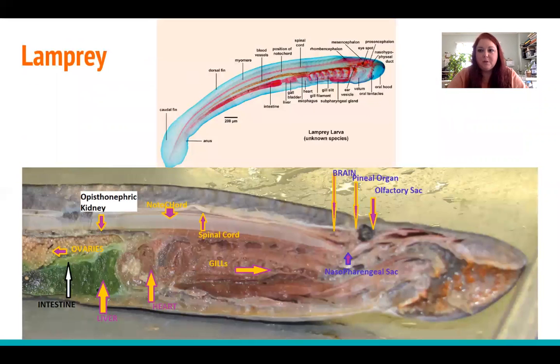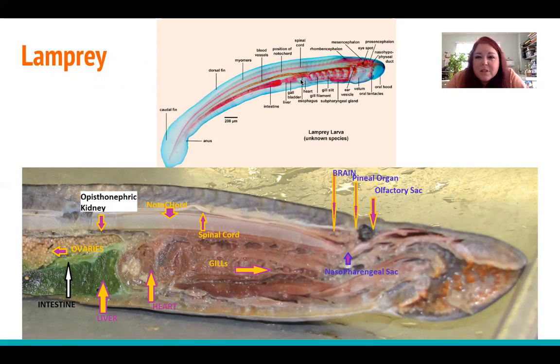First we would do the lamprey, which is this guy, just to look at how basic their digestive system is. Basically they have a mouth, and it moves down the digestive system. You'll see here we have our gallbladder, our liver, and the esophagus is right here.